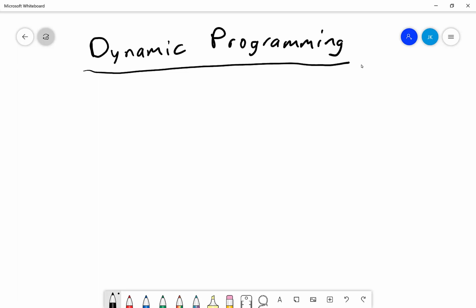It's a very weird name, and I wouldn't worry too much about how the name relates to what it does. Just remember dynamic programming, or we'll often just call it DP, just refers to a certain type or category of problems. Specifically, these are situations where you will have a series of repeated subproblems. So something where you are going to repeatedly face the same subproblem over and over.